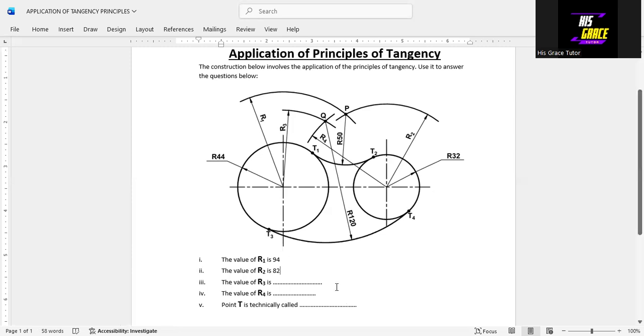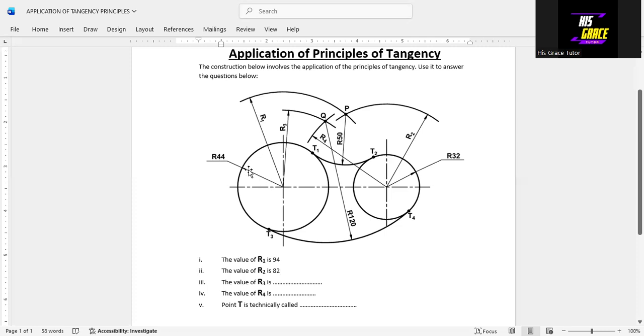Then let's look for how we can get the value of R3. For R3, we are talking about the point of intersection where the arcs of radius R3 and R4 intersect, for us to draw this arc of radius 120 millimeters. When an arc touches two circles in this form, to determine the value of radius R3 and radius R4, we are going to subtract.